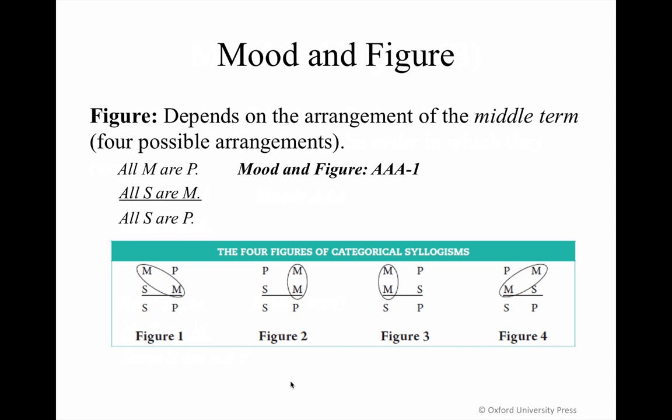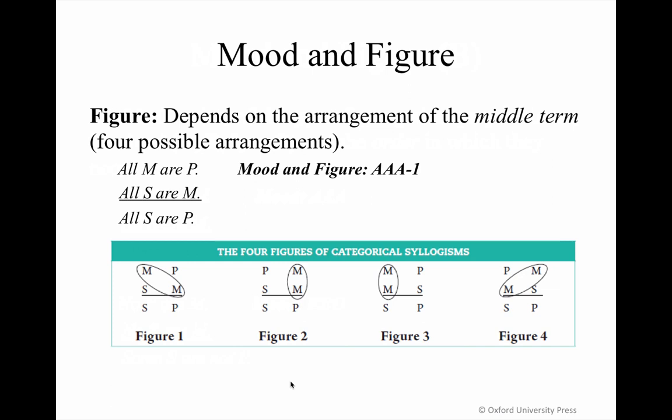The same goes for the major term. The major term appears in the major premise. The major premise is first in the order. In figures 1 and 3, the major term, which is the predicate of the conclusion, appears in the predicate position of the major premise.